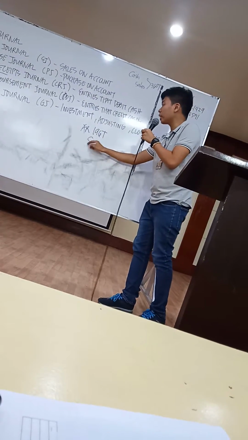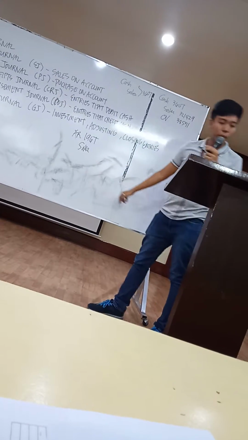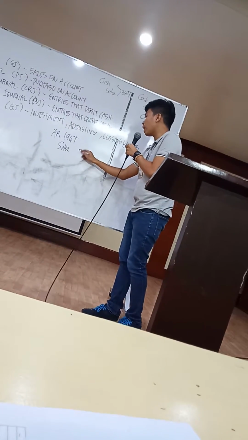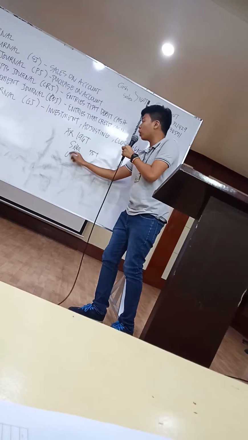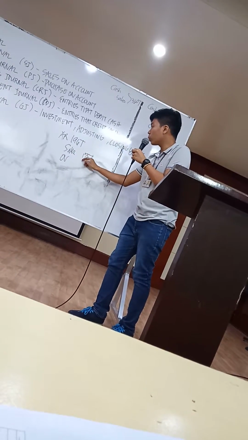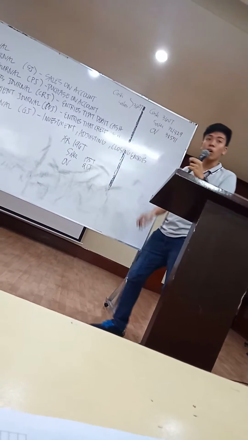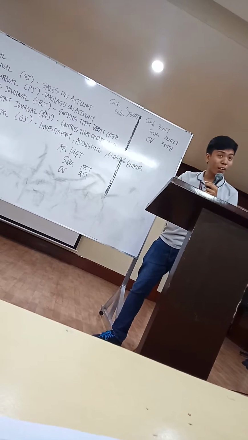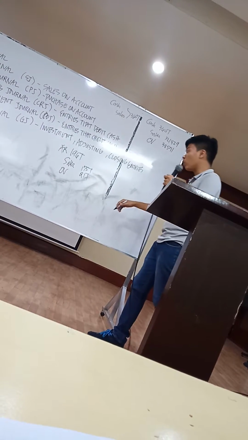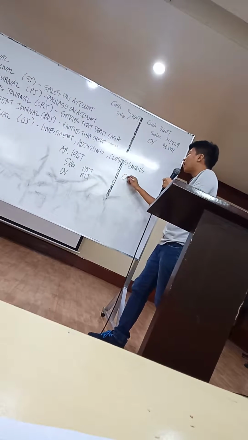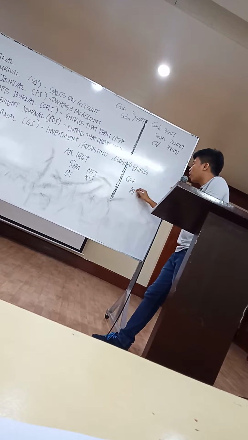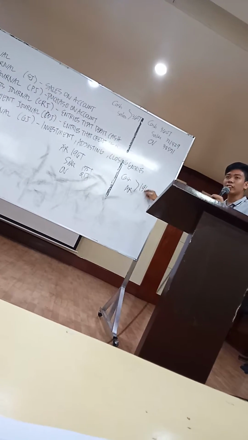You credited sales. Magkano sales mo? 175,000. Then you credit output VAT for 21,000. On collect, di ba na-collect October 10? Tama ba? On your collection, you debit na lang cash, credit AR for 196.